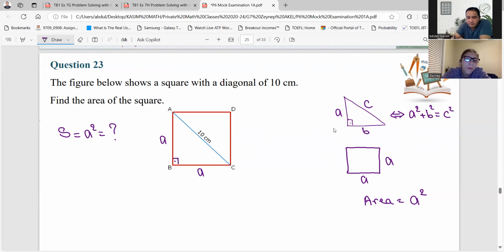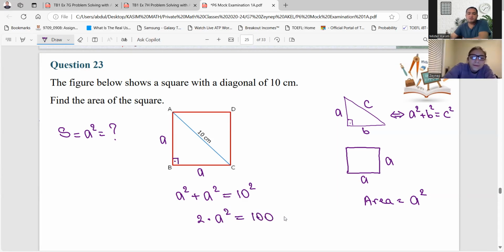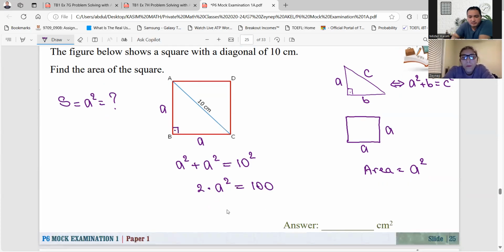Using Pythagorean theorem, since ABC is a right angle triangle, I can write this equation: A squared plus A squared is equal to 10 squared, the longest side. A squared plus A squared, we can simplify to 2 times A squared, and 10 squared is 100. From this equation, I can find A squared.